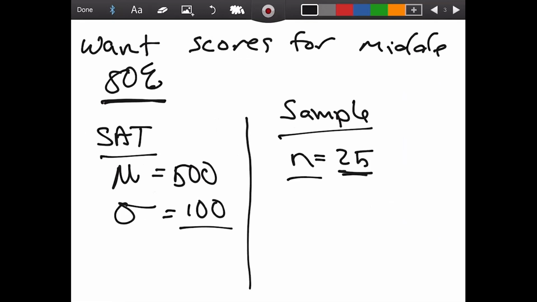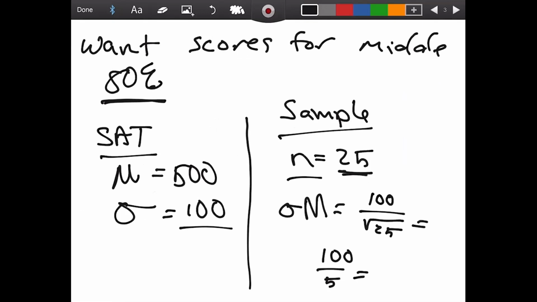Based off of our sample size of 25, what is our standard error of the mean going to be? 20. So we take 100, which is that standard deviation, divided by the square root of 25, which gives us 100 over 5, or 20. Yes, so there's our standard error.